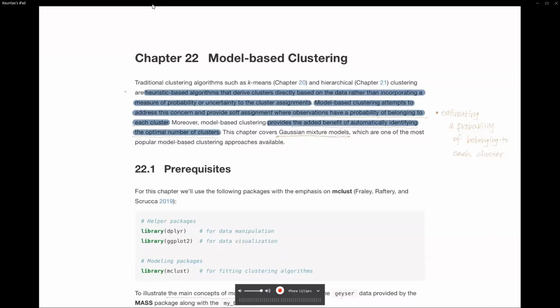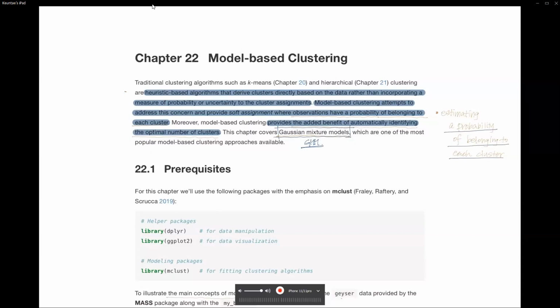As you can see here, one of the big ways we can do model-based clustering is what is called the Gaussian mixture model, GMM. We're going to cover this one throughout this chapter. It gives us statistical analysis, especially the probability of each observation belonging to each cluster.